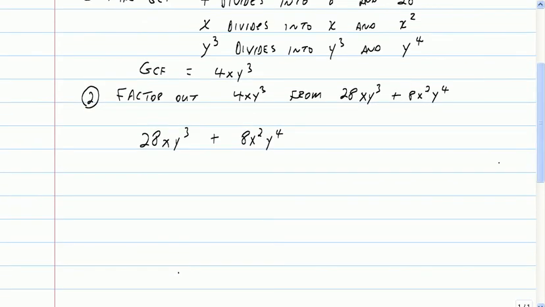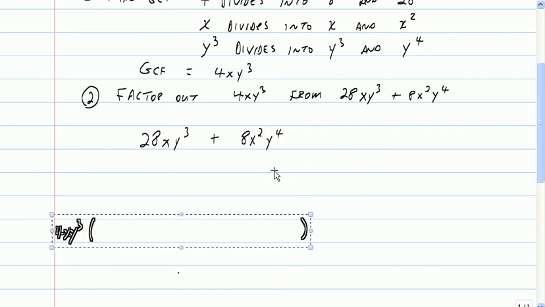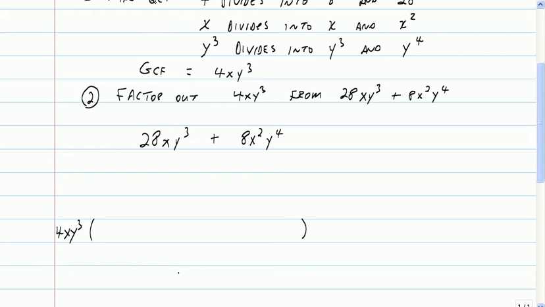And remember that the answer will always be the GCF times some other factor. And figuring out what that other factor is the biggest challenge.